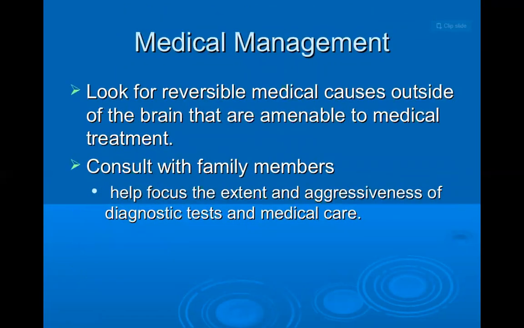Then what is the medical management? We have to look for reversible medical causes outside of the brain that are amenable to medical treatment, and consult with family members about any other signs and symptoms present in the patient who has this disease. Then it helps to focus the extent of aggressiveness of diagnostic tests and medical care.